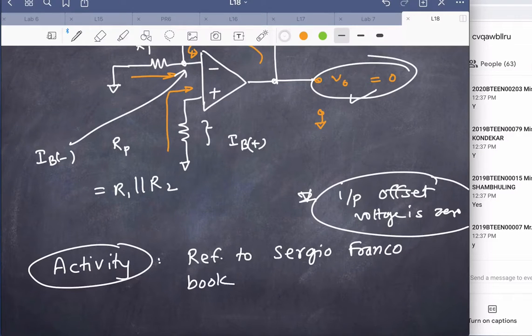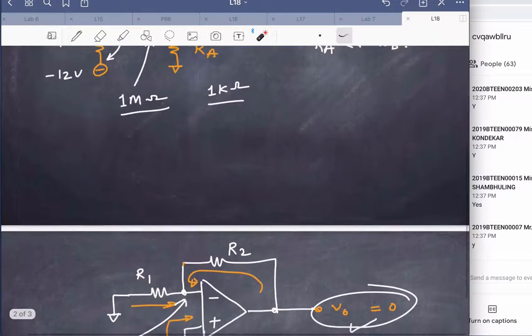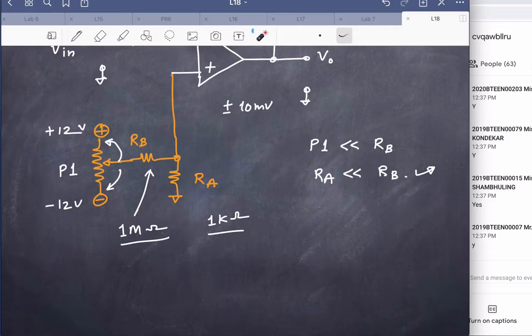So what we have to do is we have to merge this and this together. So there will be Rp here, and some calculations will be there.